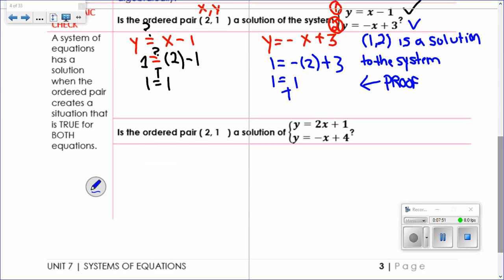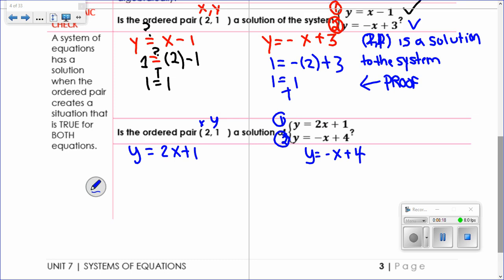Looking at the next part, is the ordered pair 2, 1 (this should be 2, 1 up here, my bad) a solution to equation 1 here and equation 2 here? So writing it out, y equals 2x plus 1, and y equals negative x plus 4.